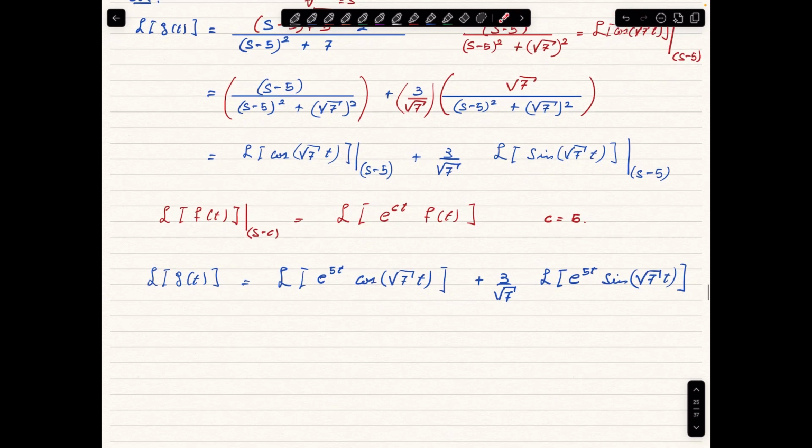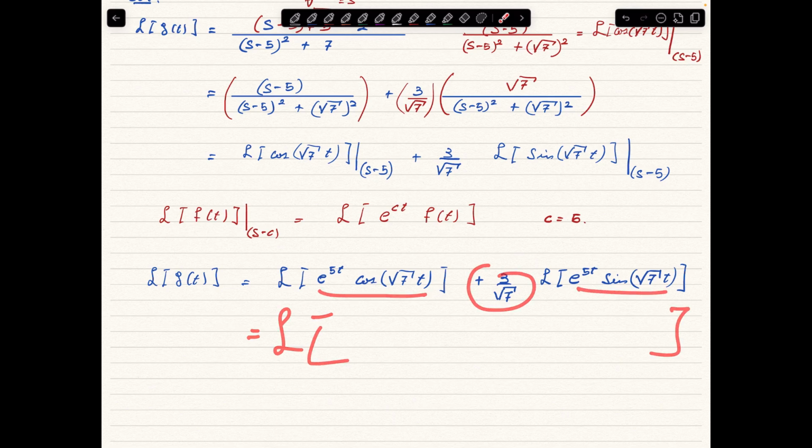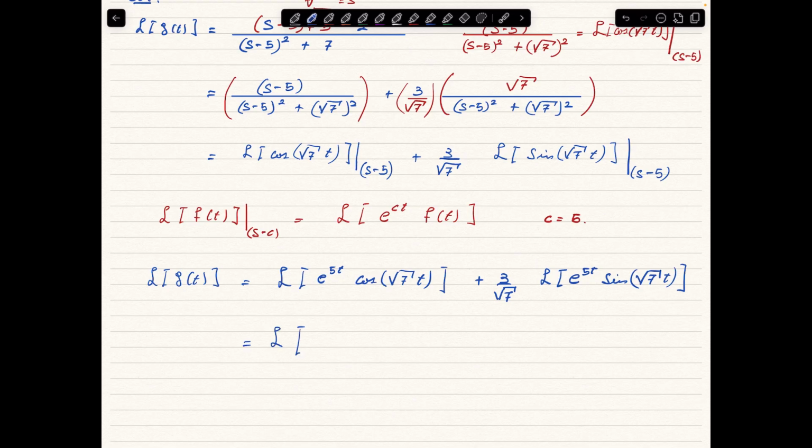And then linearity says that this is actually equal to one big Laplace transform with this plus this. So let's write it down, one last step. This is the Laplace transform of the exponential 5t, and then we have the cosine square root of 7t plus 3 over square root of 7 sine of square root of 7t.